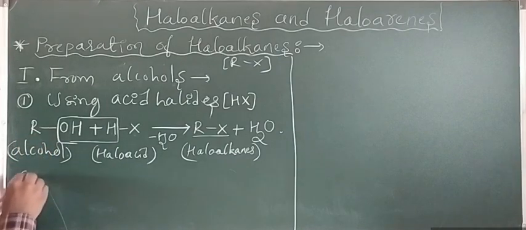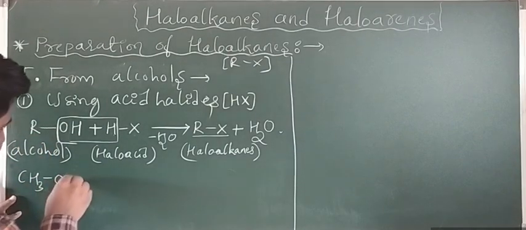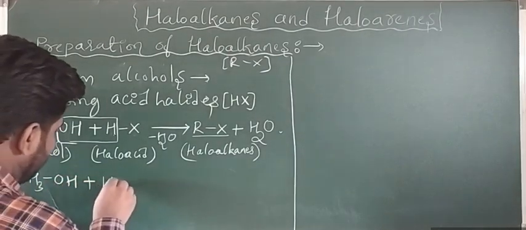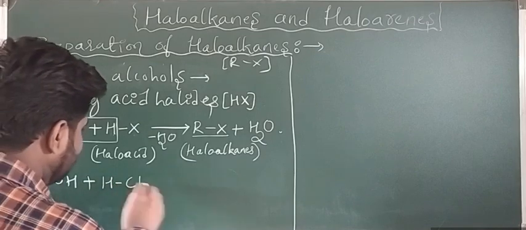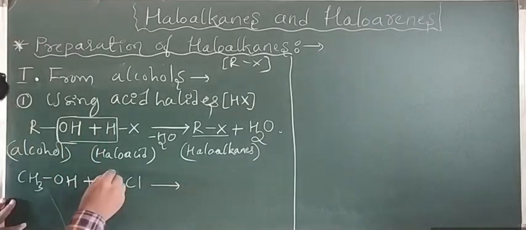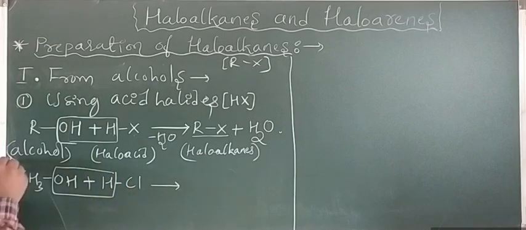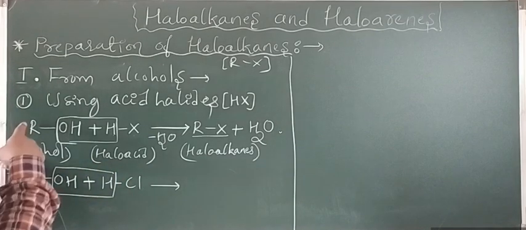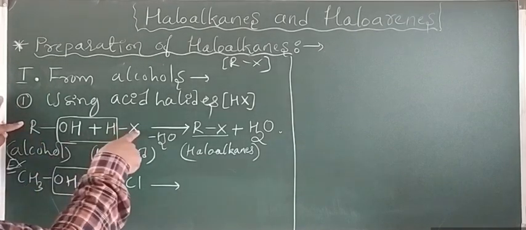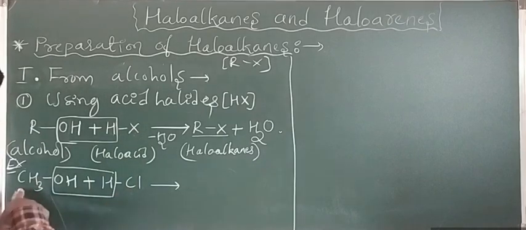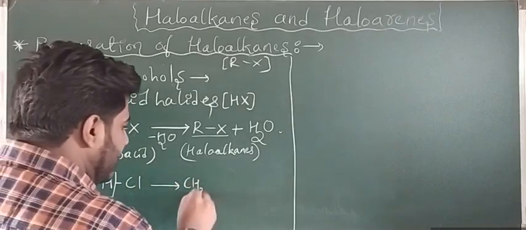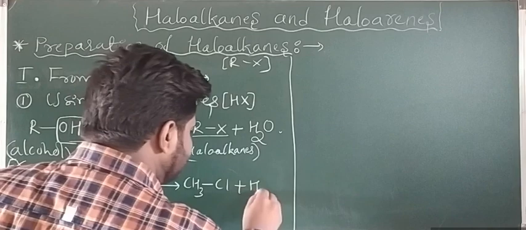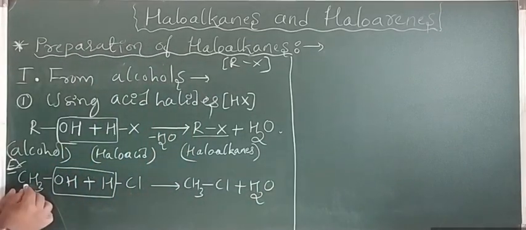In place of R, write CH3OH plus, in place of X, I will take Cl. What you are getting again? H2O. So we get CH3Cl and H2O.